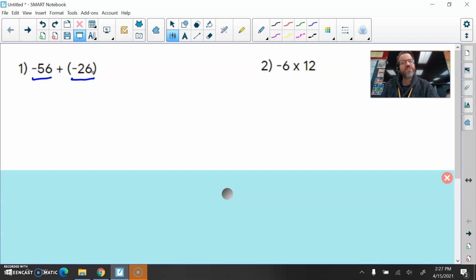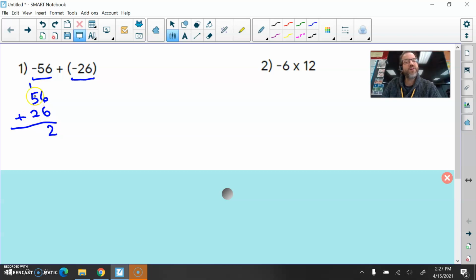You add them up. So I can add together the absolute value of each of these numbers. Remember, the absolute value is its distance away from 0. Basically, I can just ignore the negative signs. And 56 plus 26, let's see what we get. 6 plus 6 is 12.